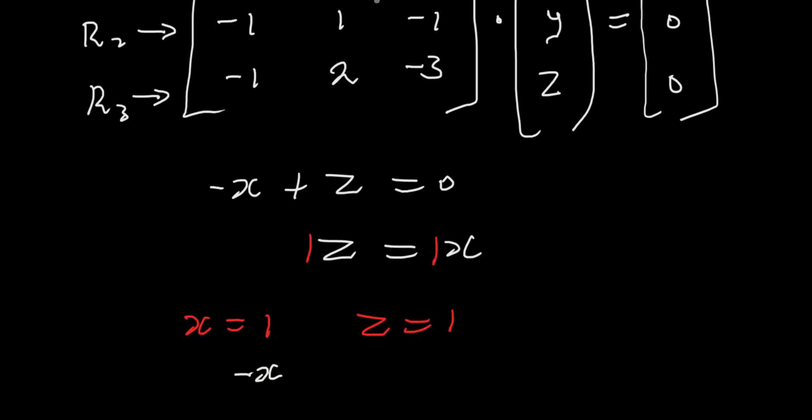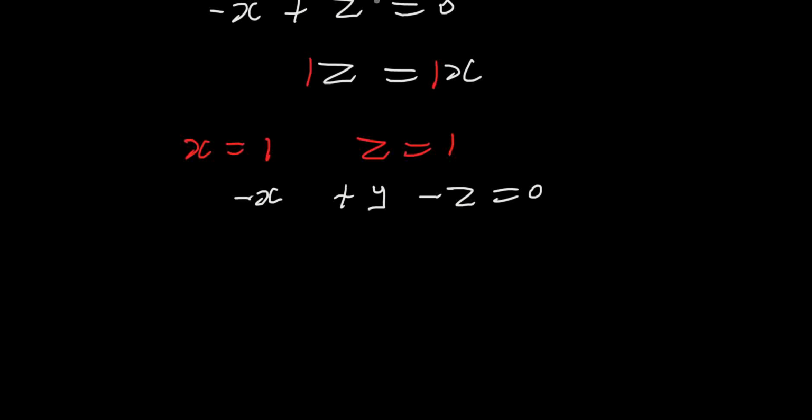Either row 2 or row 3 will give you the same answer. So in row 2, we have negative x plus y, negative z equals 0.